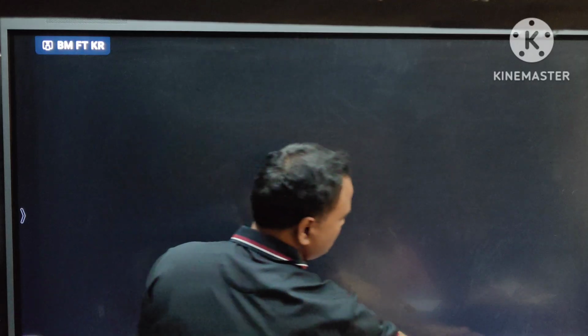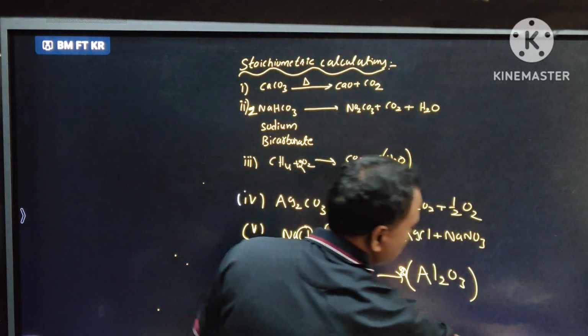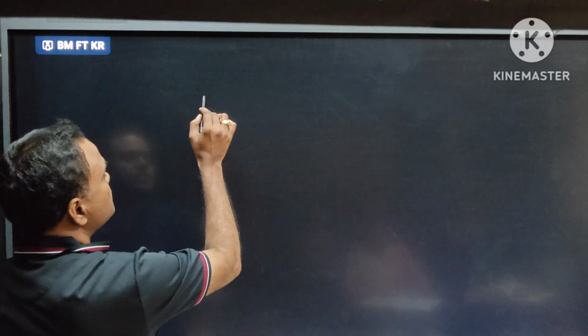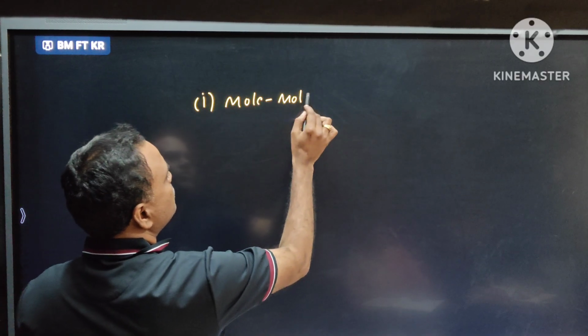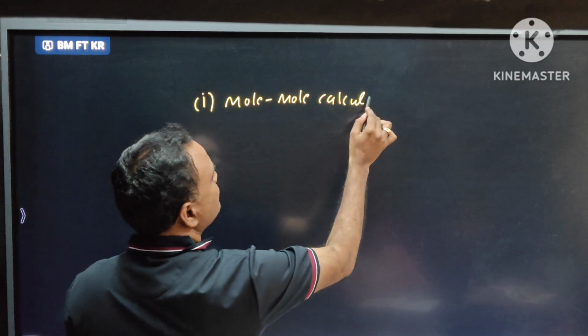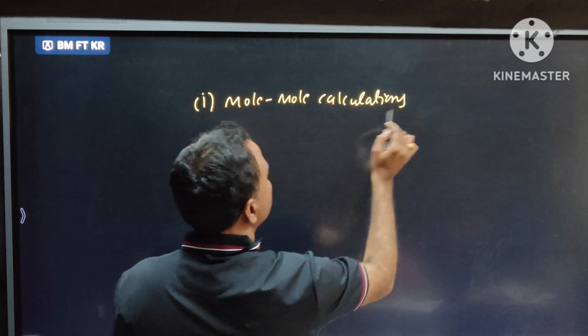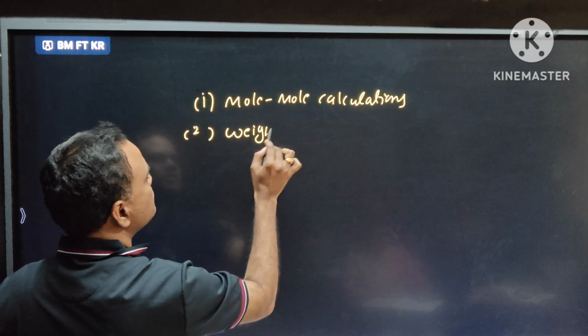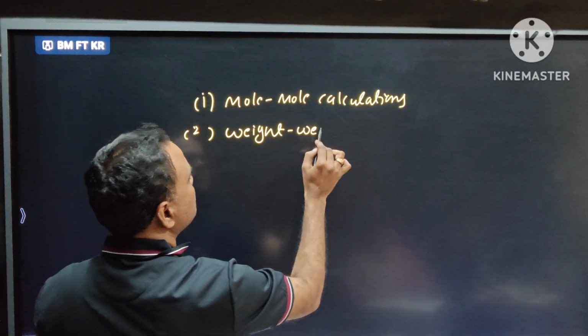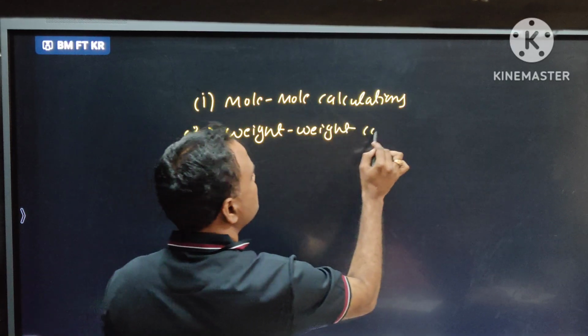What is our heading? Stoichiometric calculations. We have several types of calculations. First, mole calculations. Second, weight calculations.